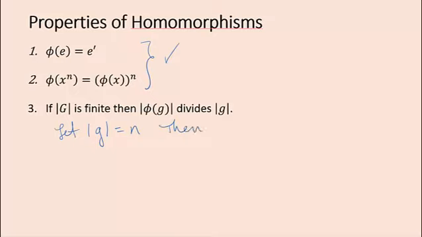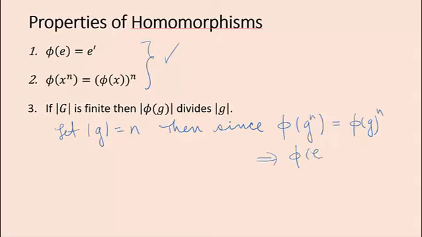Then, since we have property 2, phi of g to the n is equal to phi of g, to the n, and we know that g to the n is equal to e, this implies phi of e is equal to phi of g to the n, and phi of e is e prime. So phi of g to the n is equal to e prime.